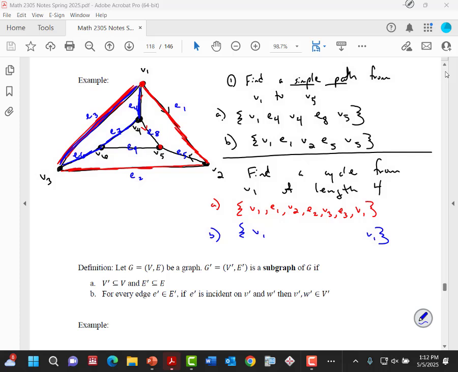So that's V1, E4, V4, E7, V6, E6, V3, running out of space, E3 back to V1. So 1, 2, 3, 4, as follows.